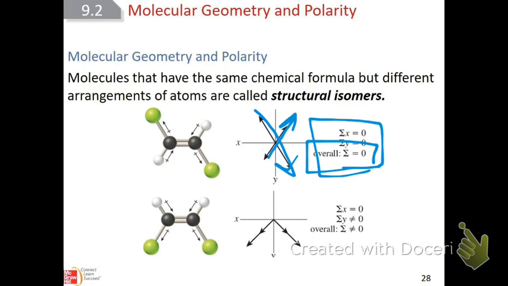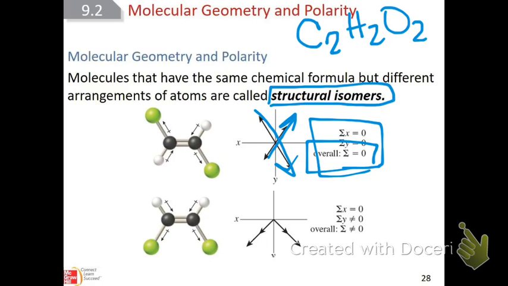And when you have molecules that have the same chemical formula, but can be arranged in different directions, they're called structural isomers. Same formula, like perhaps in this case you have C2H2O2.